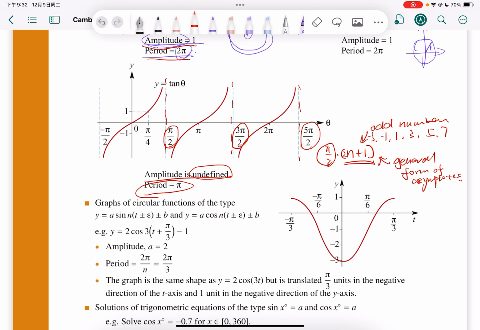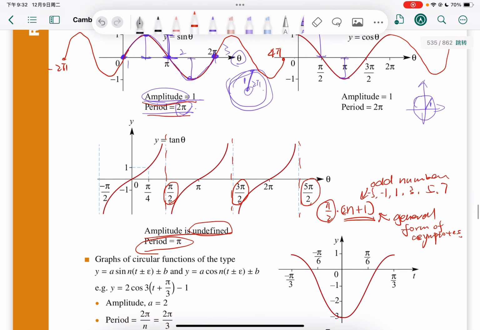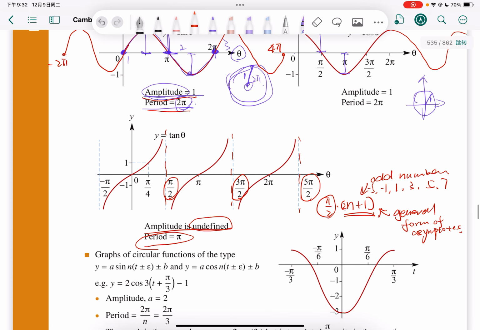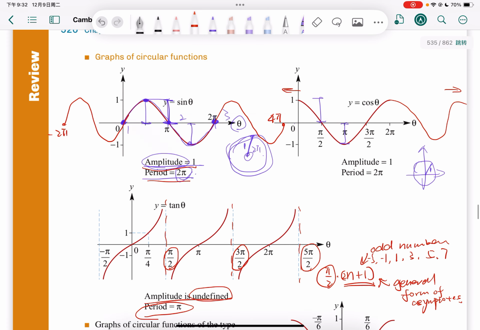So the period is actually talking about how long you need for the graph to repeat itself. So for sine, if you take this as an initial point, and come back to the same point over here, you need 2 pi to start another period.